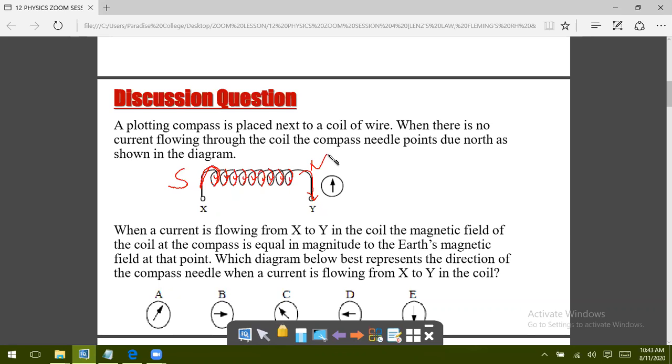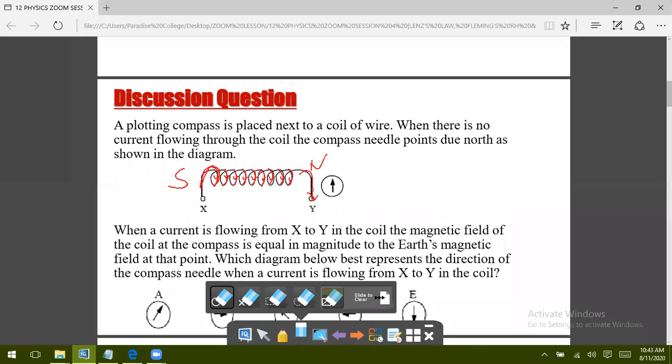So which end do you think the needle will point towards?